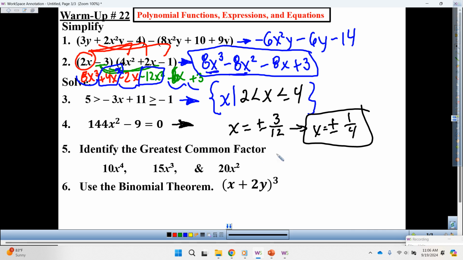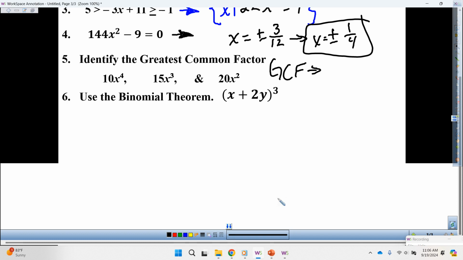Number 5, I need a GCF for number 5. Tell your neighbor what you got for number 5, GCF. Edwin's going to pass it to someone. Pass someone, Edwin.